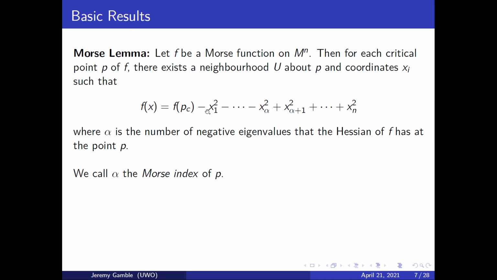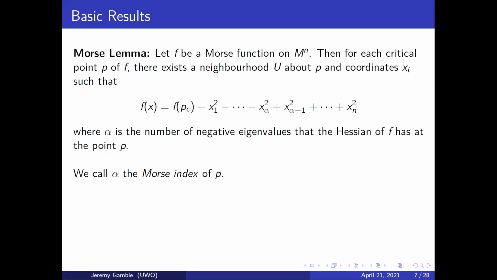The negative signs and positive signs here are associated to the number of negative and positive eigenvalues of the Hessian matrix. So alpha is the number of negative eigenvalues of the Hessian, and the rest of them are the positive eigenvalues of the Hessian. And we call alpha the number of negative eigenvalues of the Hessian, the Morse index of f at the point P, or just the Morse index at P.